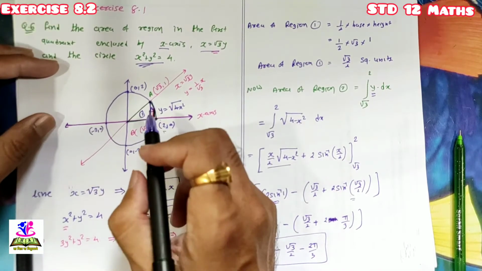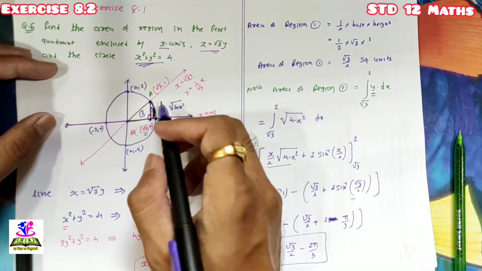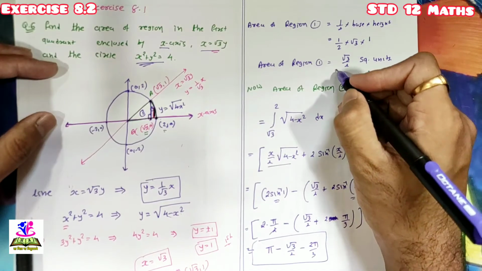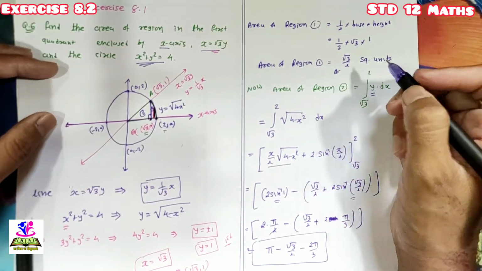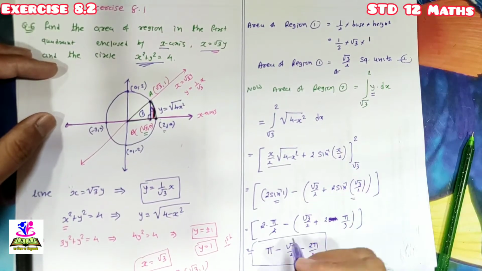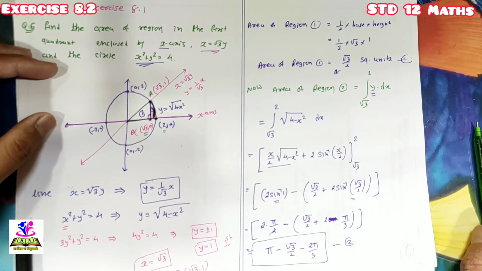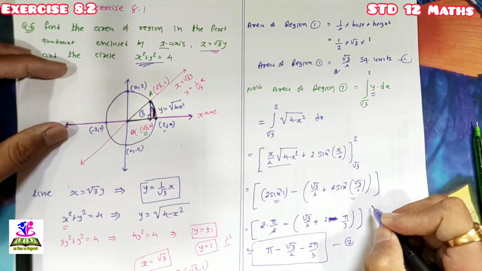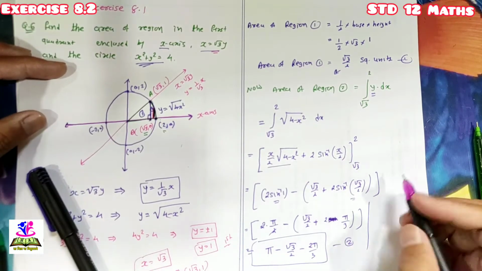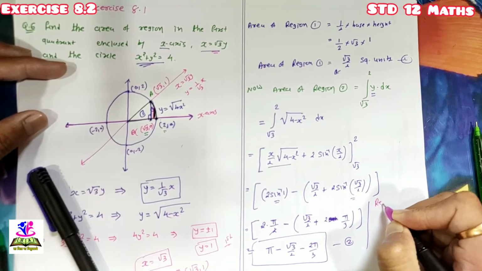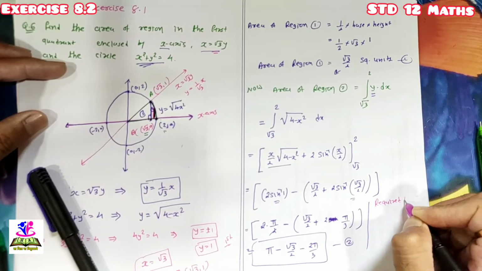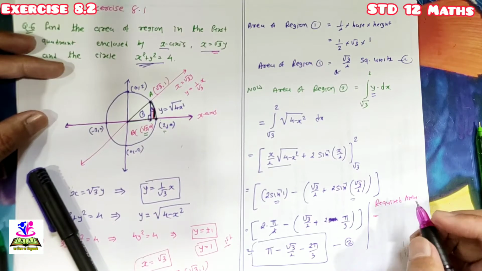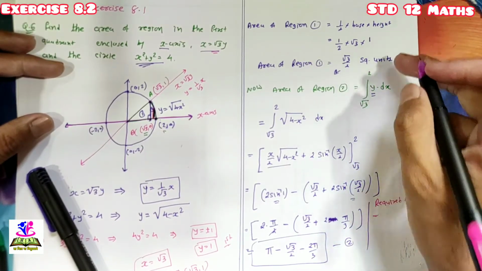You have to find the area enclosed by the circle, the line and the x-axis. So it's the addition of area 1 and area 2. Area of region 1 is this one, and area of region 2 is this result. So the total area enclosed is the addition of these two. Required area is the area enclosed by the circle, x-axis and given line, which is the sum of these two results.